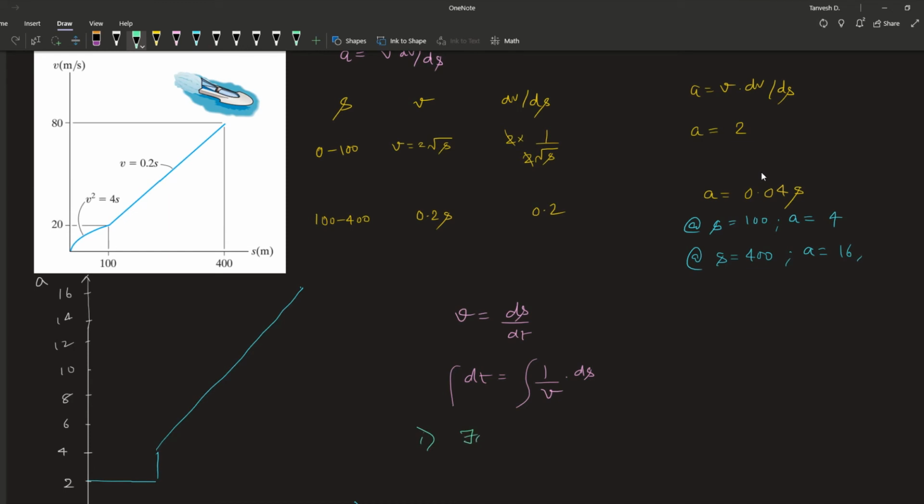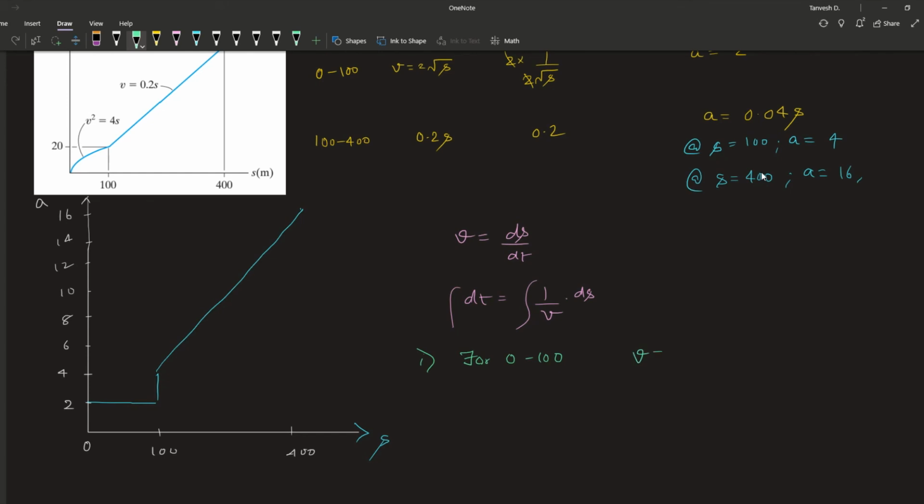so first we have, for 0 to 100, velocity v, which is equal to 2 root s. Displacement is from 0 to 100, but I will keep it as a variable here. Time, let's say it starts from 0, because at this point the time is 0, displacement is also 0. Let time go to t, so this is dt, and it is starting from 0 to s, 1 by 2 root s ds.